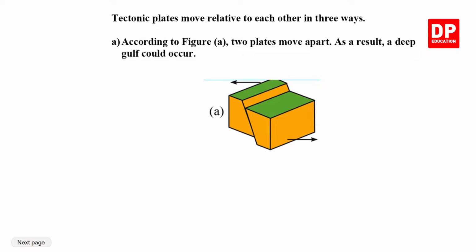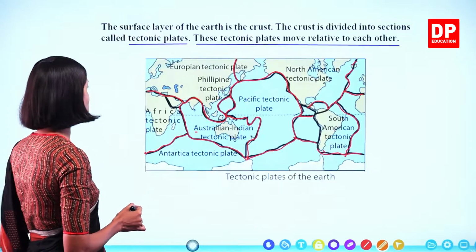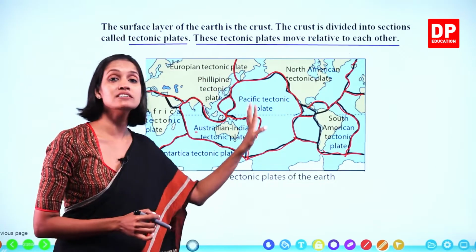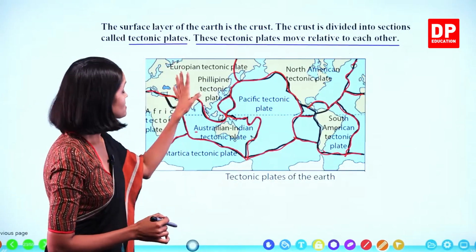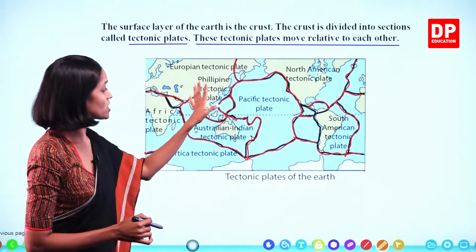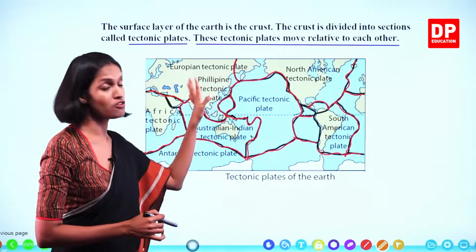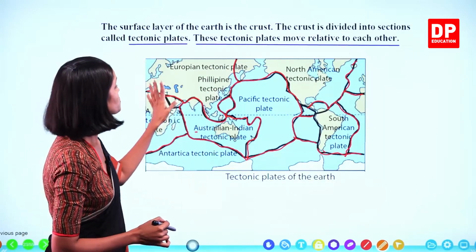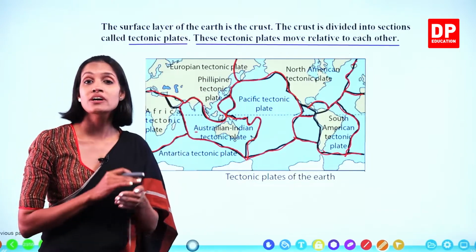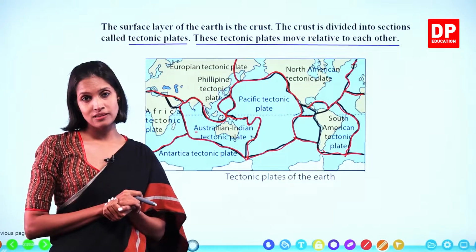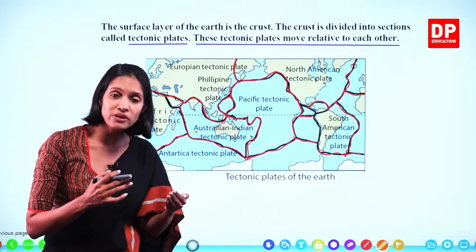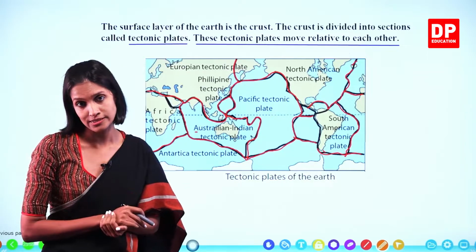We learned earlier that the Earth's crust is divided into tectonic plates. These are huge slabs of rock. These tectonic plates move relative to each other, and because of this movement, earthquakes could occur.